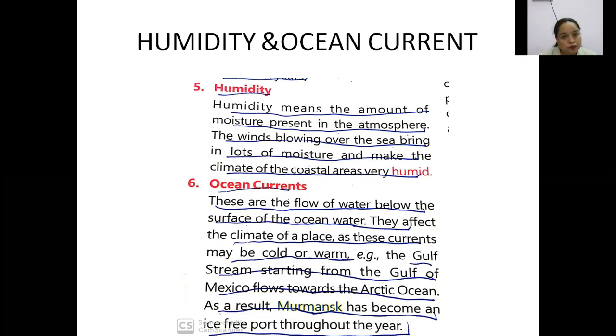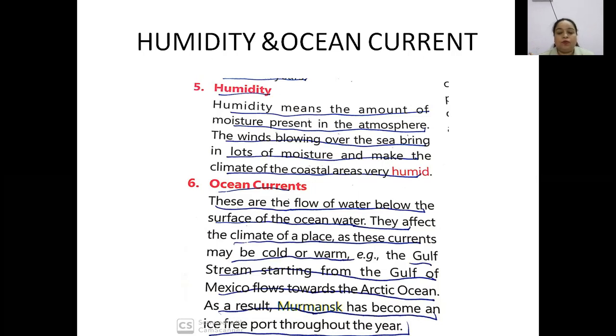A lot of moisture is being absorbed by the winds, by the clouds, etc., because of the intense heating of the sun. So they took up the moisture, and now the winds or the air is full of moisture, and it is very humid. So this is called humidity.